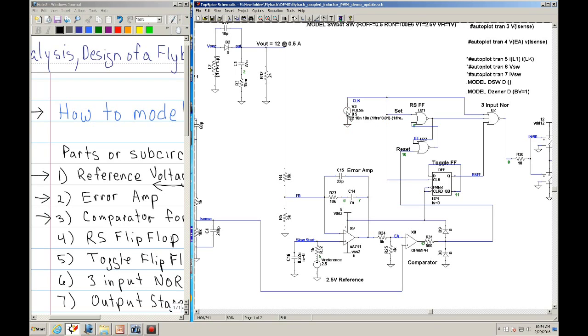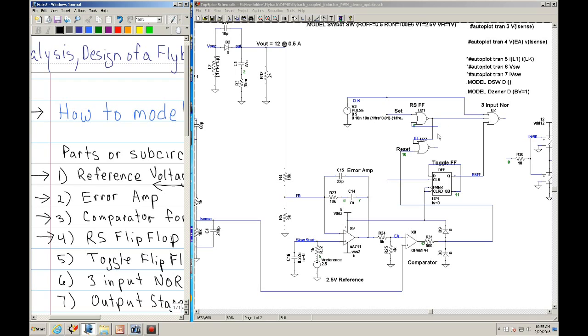Let me check off what we have covered so far. Here's the RS flip-flop. It gets a signal from the clock at the set, and the reset gets a signal from your comparator. Those are the inputs.